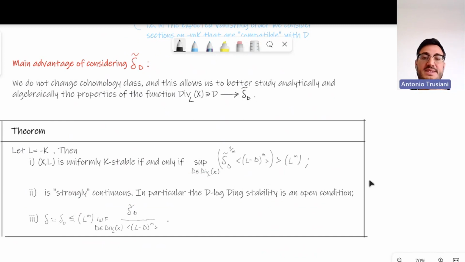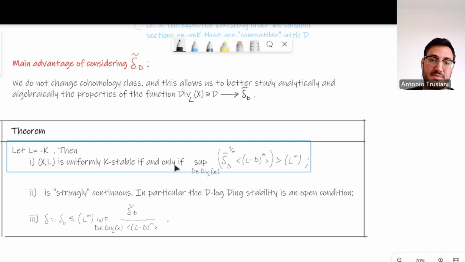And the point is that studying the prescribed singularity setting may help also to understand the genuine setting. So studying the behavior of these new stability notions at singular guys, so non-zero divisor D, can give information about what happens for the uniform K-stability.